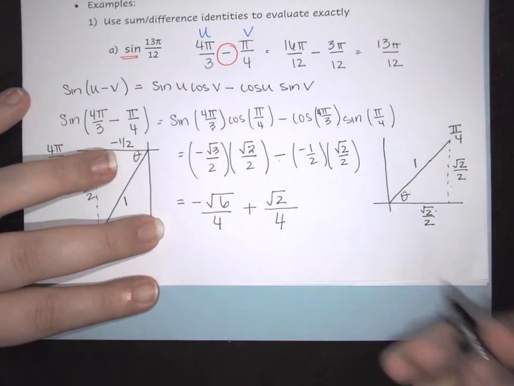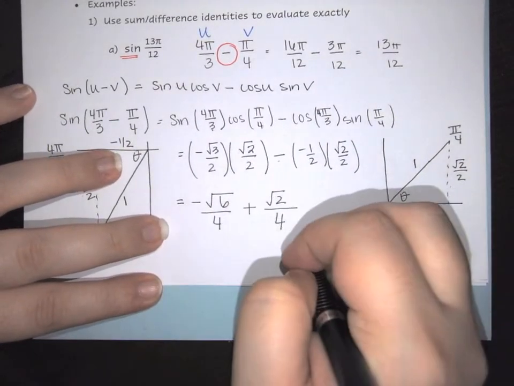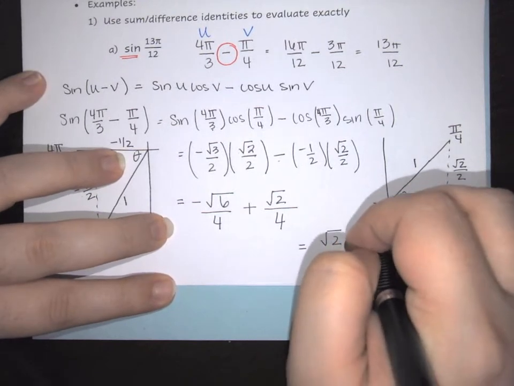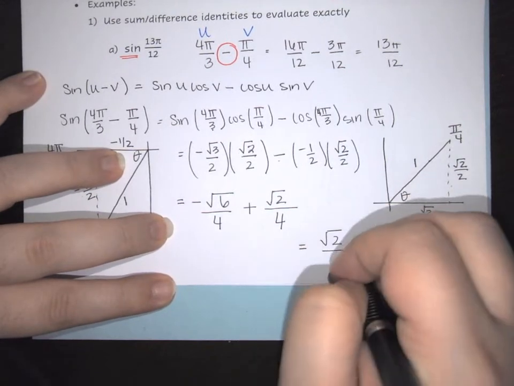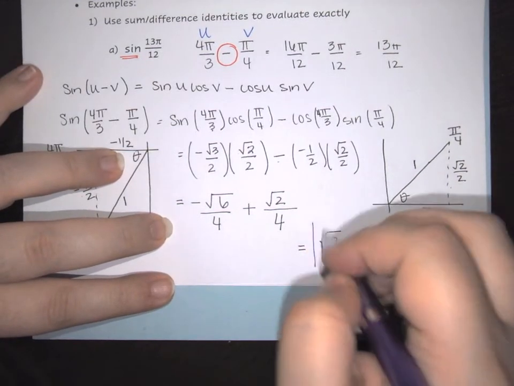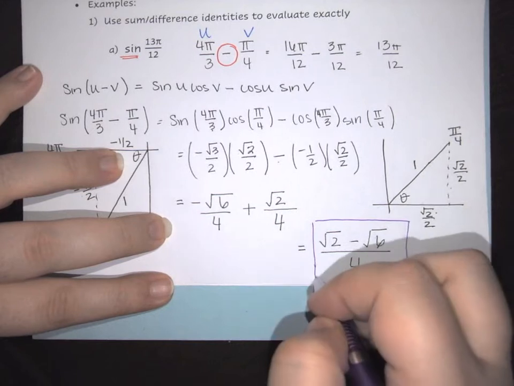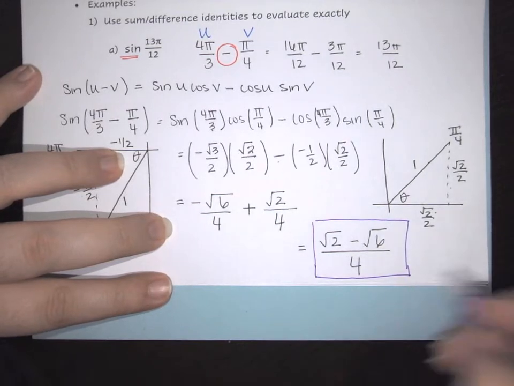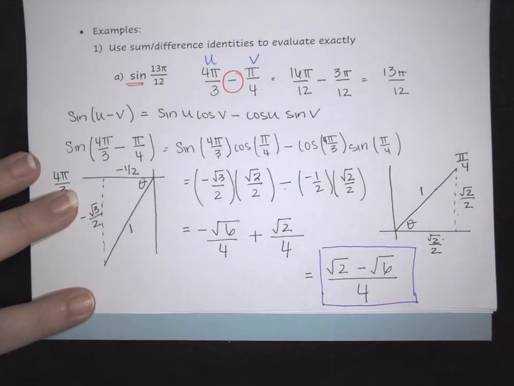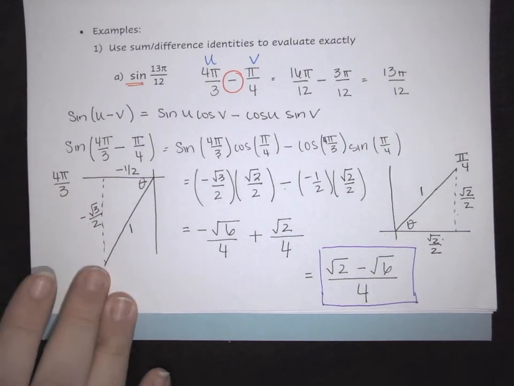So we can rewrite our solution here to be the square root of 2 minus the square root of 6 all over 4. And that would be your first solution to using the sum and difference identities to find the sine of 13 pi over 12.